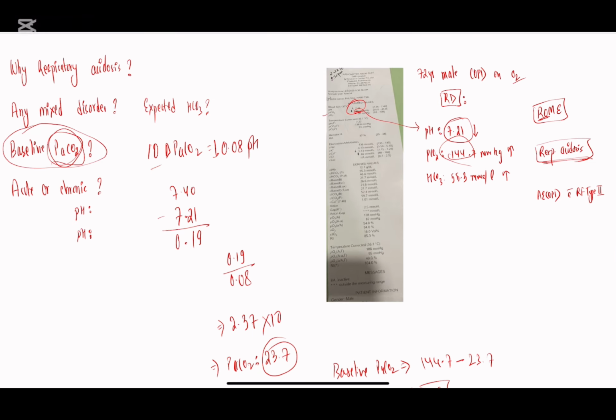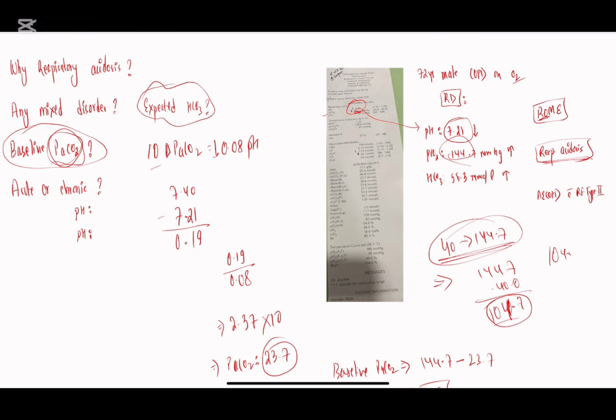Now let's calculate the expected bicarbonate in these conditions. We know the PCO2 has increased from 40 to 144.7. So the change is 144.7 minus 40, 104.7.